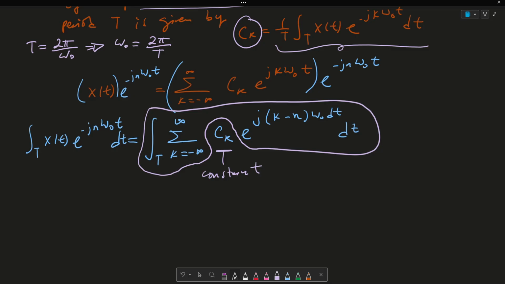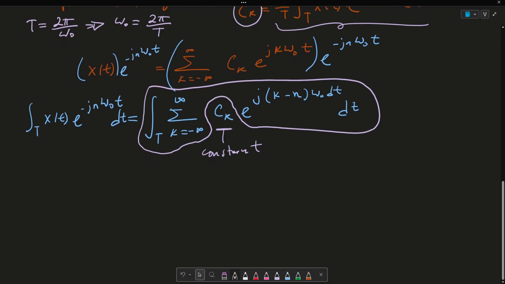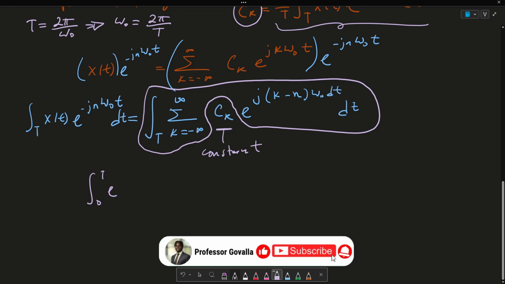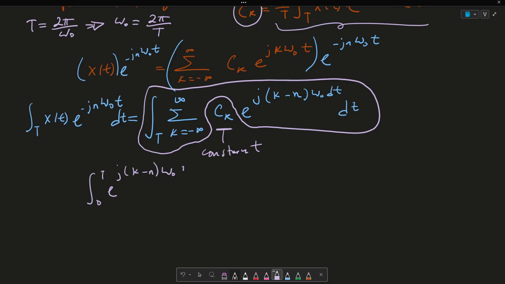And what I'm going to say is that the integral from 0 to T of e to the j k minus n omega naught t dt, again with a summation here, that's fine, to infinity, is equal to T when k is equal to n and 0 otherwise.